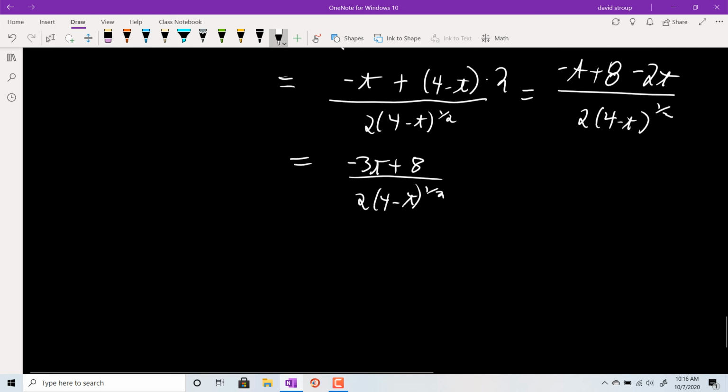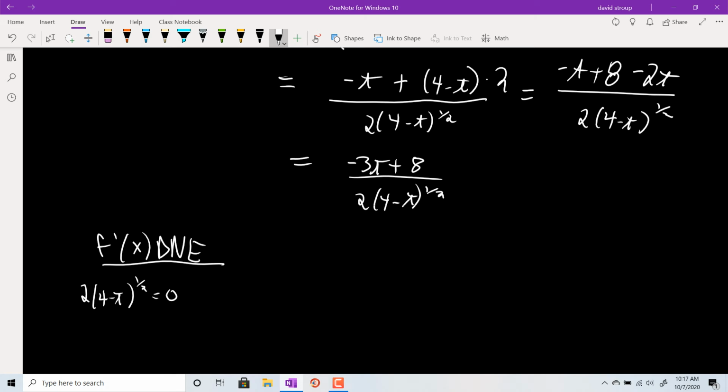Okay, so again, where does f prime of x not exist. And that's where the denominator is equal to 0, or even any negative under the square root. So there's those two issues. First, I have to make sure that this thing is not equal to 0. Square both sides, divide by 4, and with 4 minus t is 0, and then you end up with t is 4.